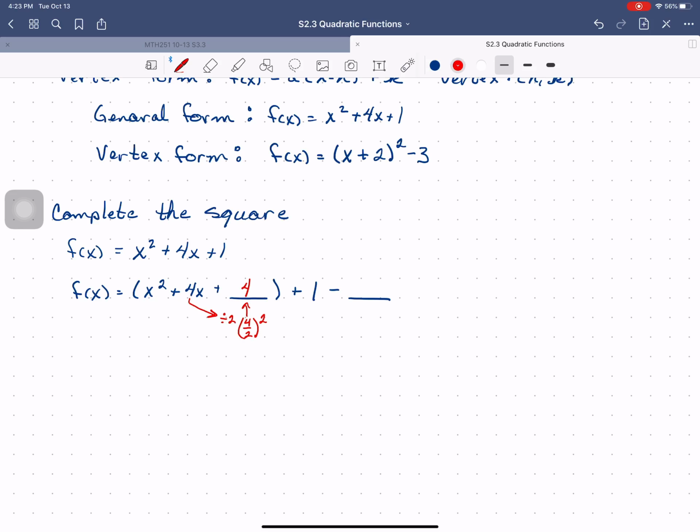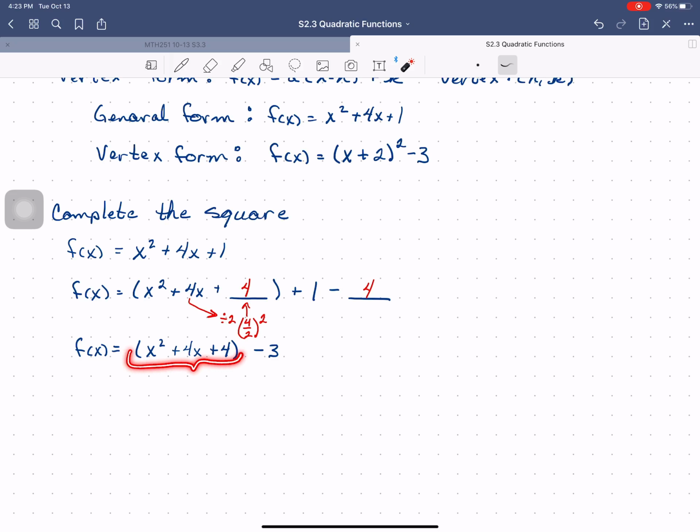I'm not allowed to arbitrarily add things, so I have to subtract 4. So now I've rewritten my function as x squared plus 4x plus 4, and then subtract 3 here, or combine like terms and get minus 3.